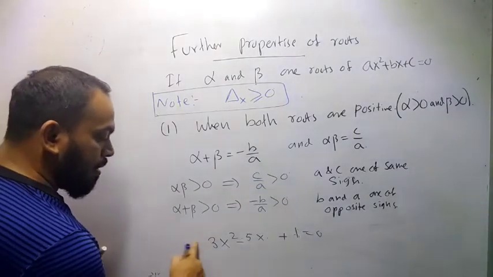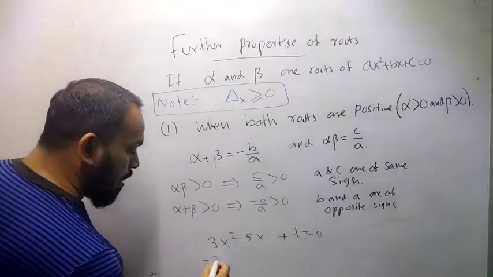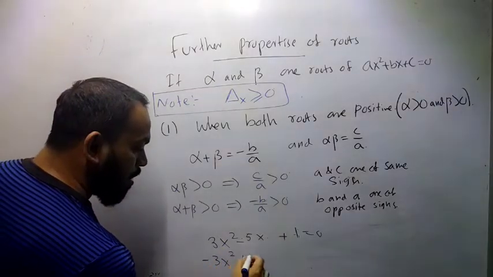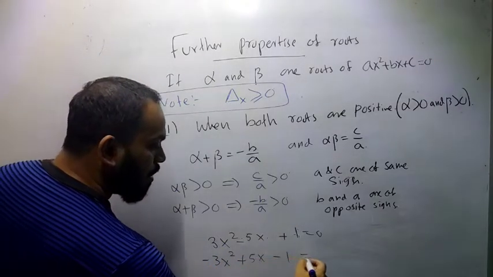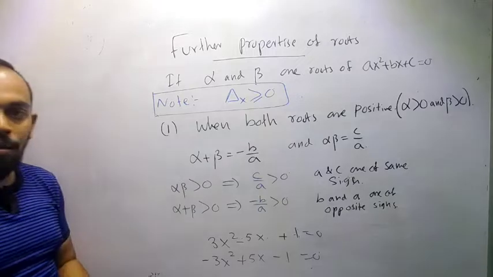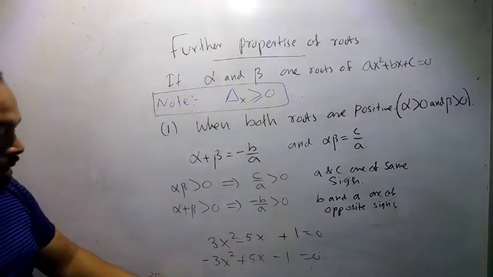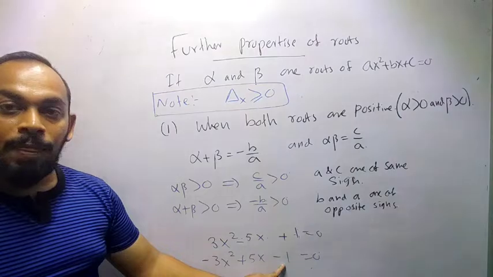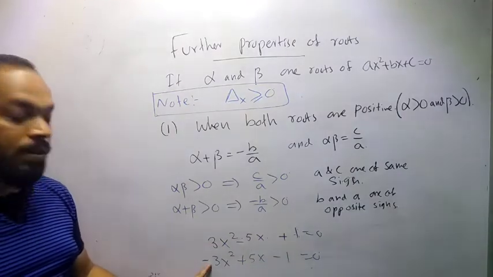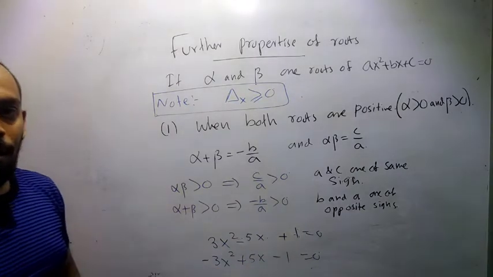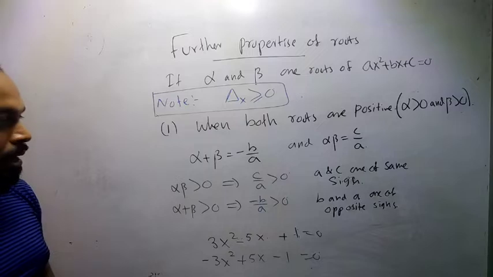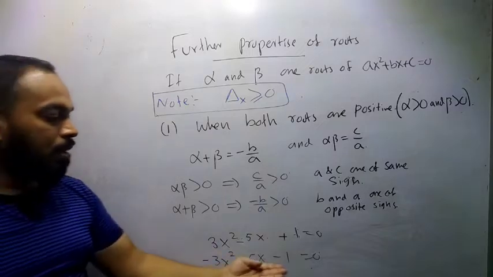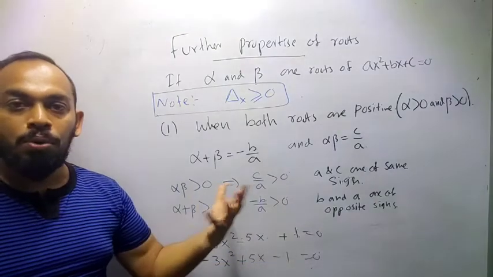Another case, if I just multiply this whole thing by a negative sign, this becomes negative 3x squared plus 5x minus 1 equals 0. Again, the same argument applies because the sign of A is also the sign of C, and the sign of B is opposite of the sign of A. This satisfies our criteria. So this quadratic equation will also give you positive roots.